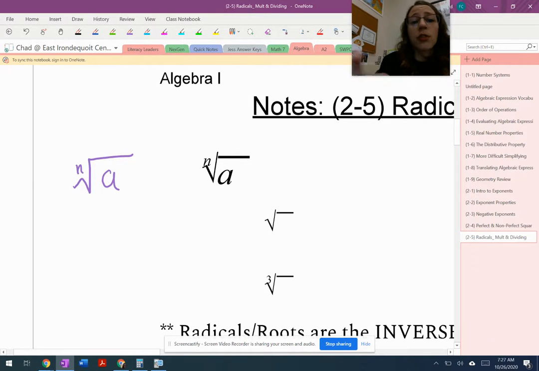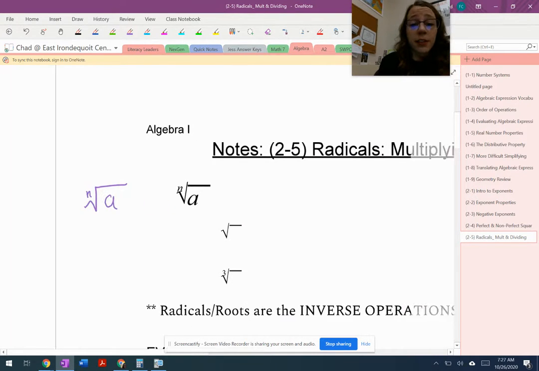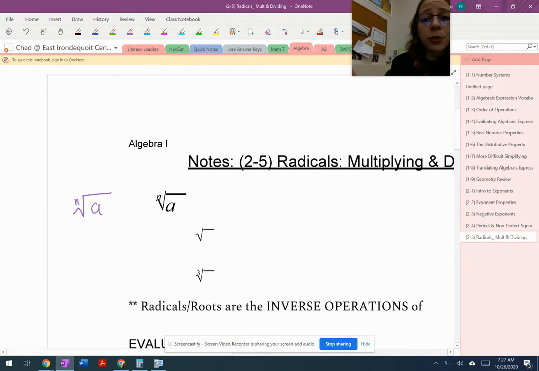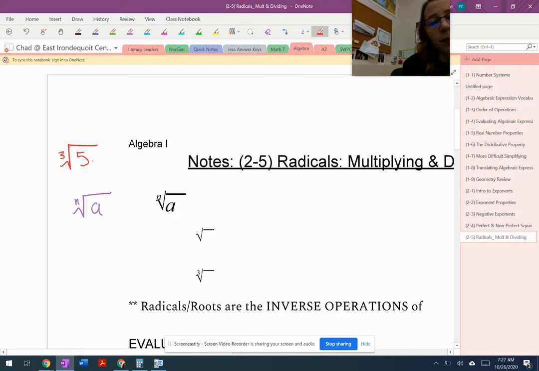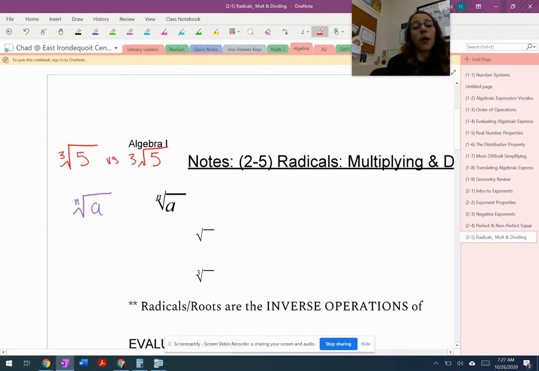The first thing to notice is that there is a difference between this, versus this. In one of these, that little itty bitty 3 is smaller.